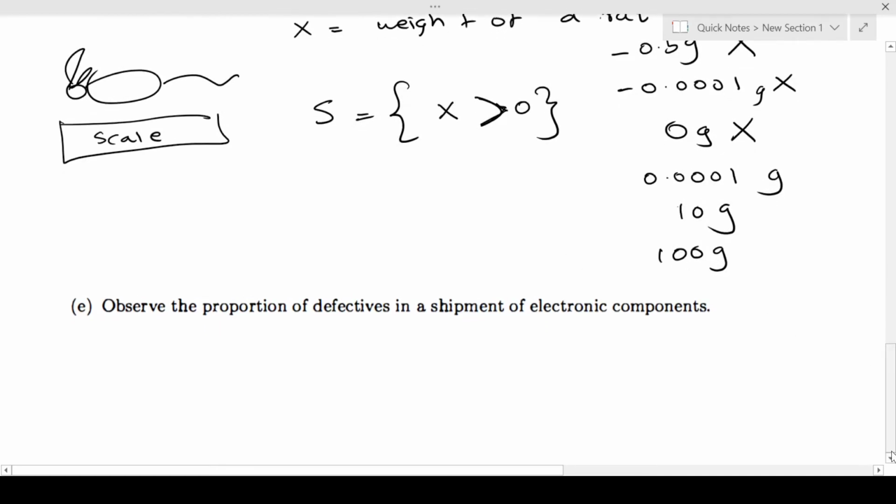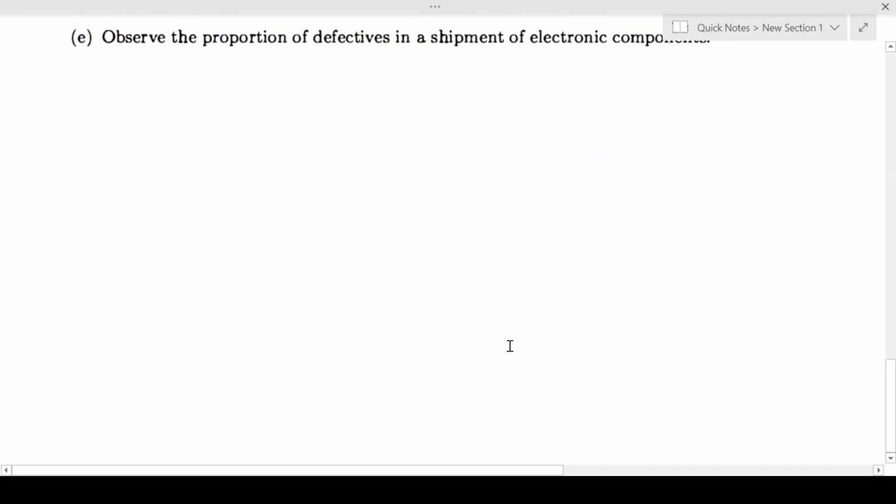Then the final experiment is to observe the proportion of defectives in a shipment of electronic components. So here we are looking at a shipment. This is a proportion.